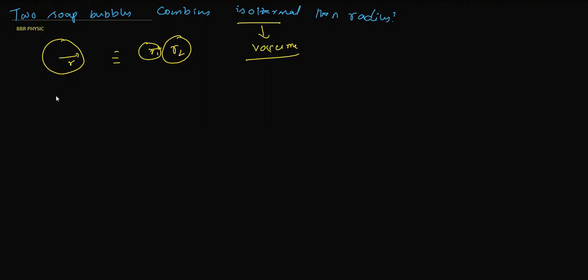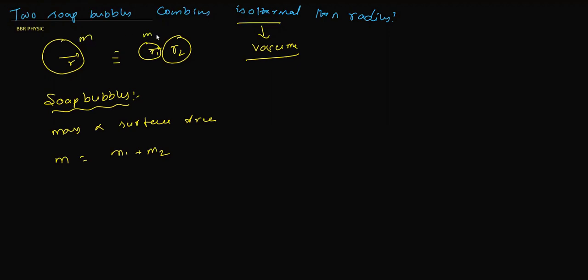For the soap bubble case, what is conserved is mass. Mass is directly proportional to surface area. Therefore, m equals m1 plus m2, and from here I can conclude this.